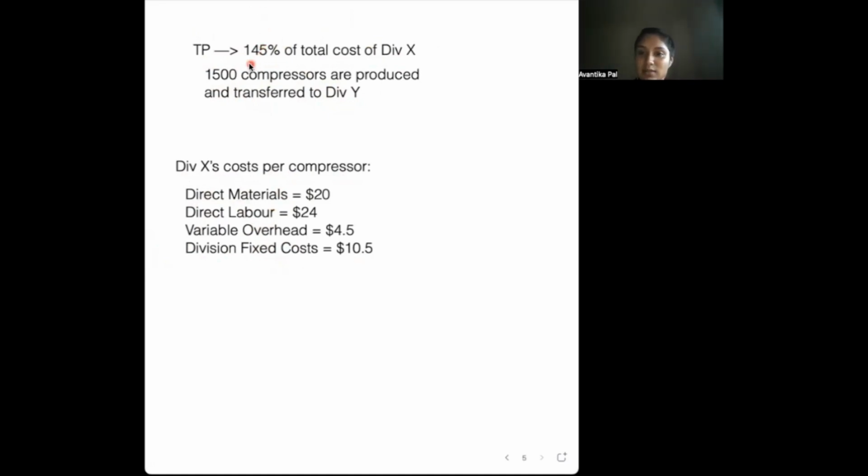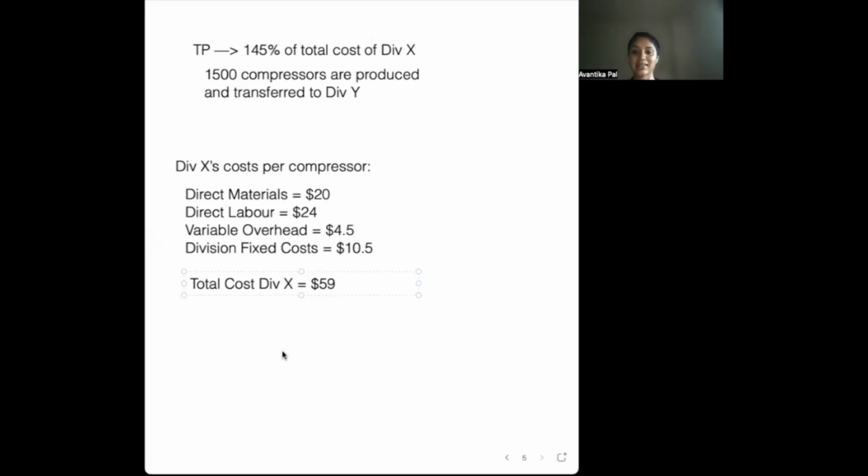Since they said it's 145% of the total cost of Division X, the first step would be to calculate the total cost for Division X. So you add these together, 20 plus 24 plus 4.5 plus 10.5, and you get $59. So that is your total cost.